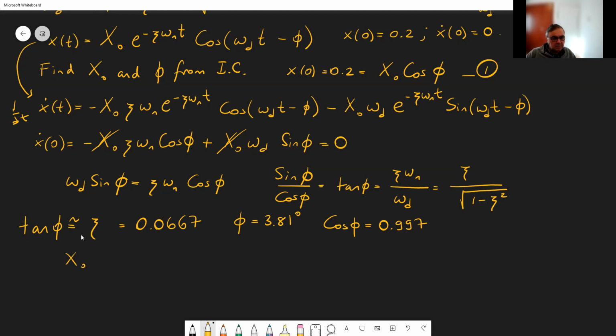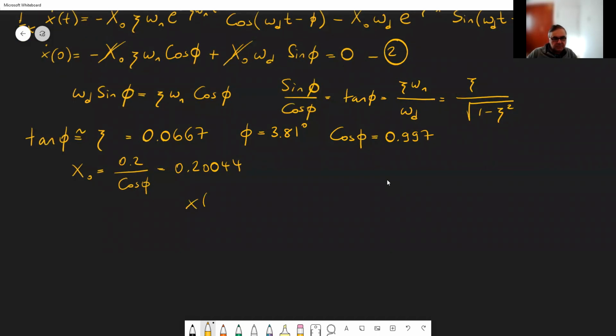So x0 is from equation 1, this is equation 2, by the way. x0 is 0.2 divided by cosine phi, which is exact almost 0.2. All right, so we found the values.